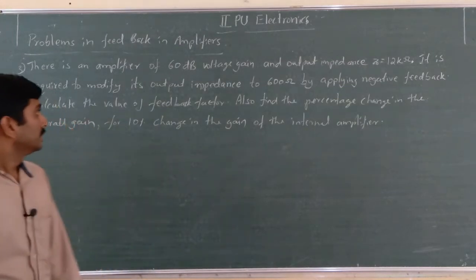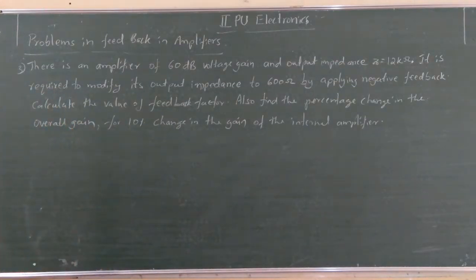Okay. Even though the statement of the problem looks very big, the answer is very small. There is an amplifier of 60 dB voltage gain, and its output impedance Z0 is equal to 12 kilo ohm.